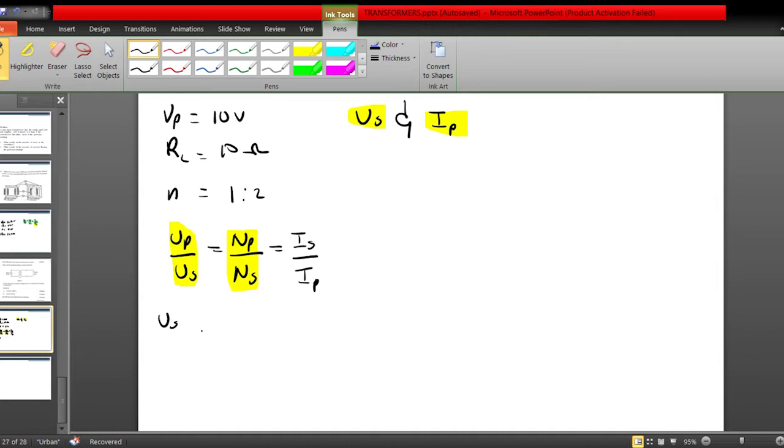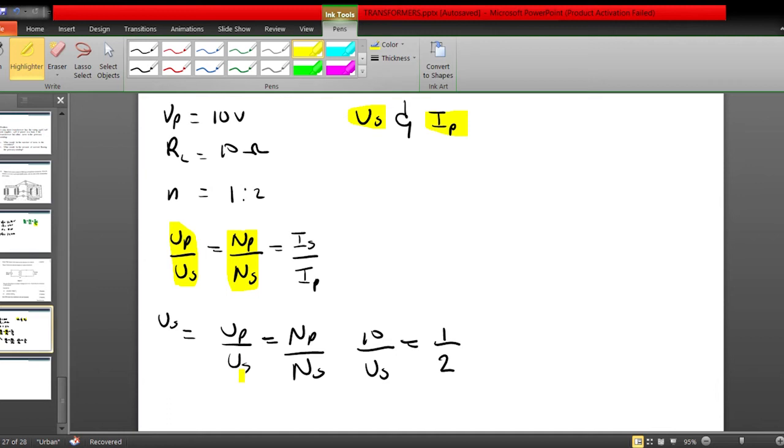Now Vp over Vs equals to Np over Ns. What is Vp? Vp is 10 volts divided by Vs, since that's what we're trying to find, equals to 1 over 2. Now let's go ahead and highlight Vs, since that's what we're trying to find.